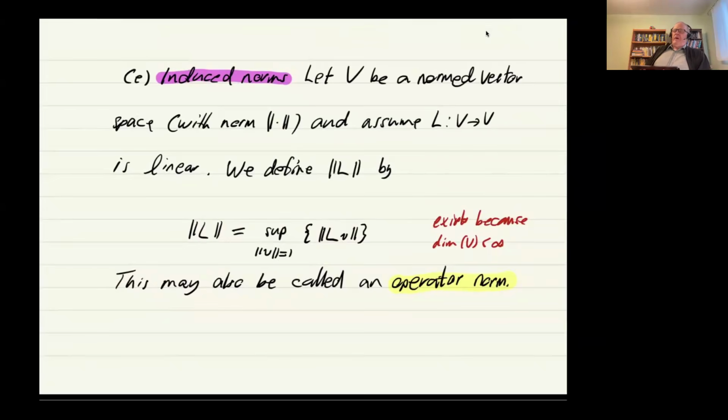Now, the point is in finite dimensions, as you've already seen, there are lots of norms, but they're all equivalent in some sense. If you have a sequence which converges in one norm, it converges in the other. So you could be sloppy about which norm you're using, and it doesn't matter too much. But notice that for what I was calling the Frobenius norm, the norm of the identity, as I said, is square root n.